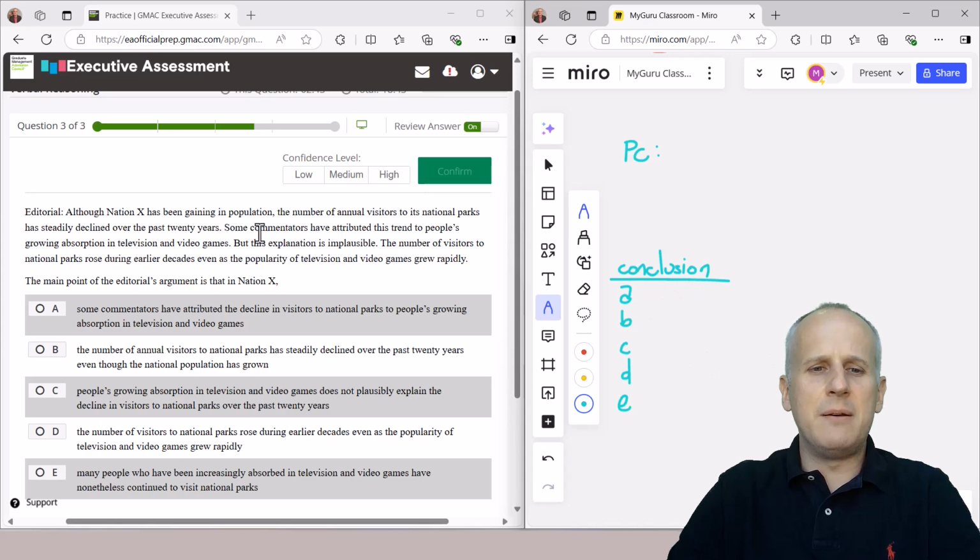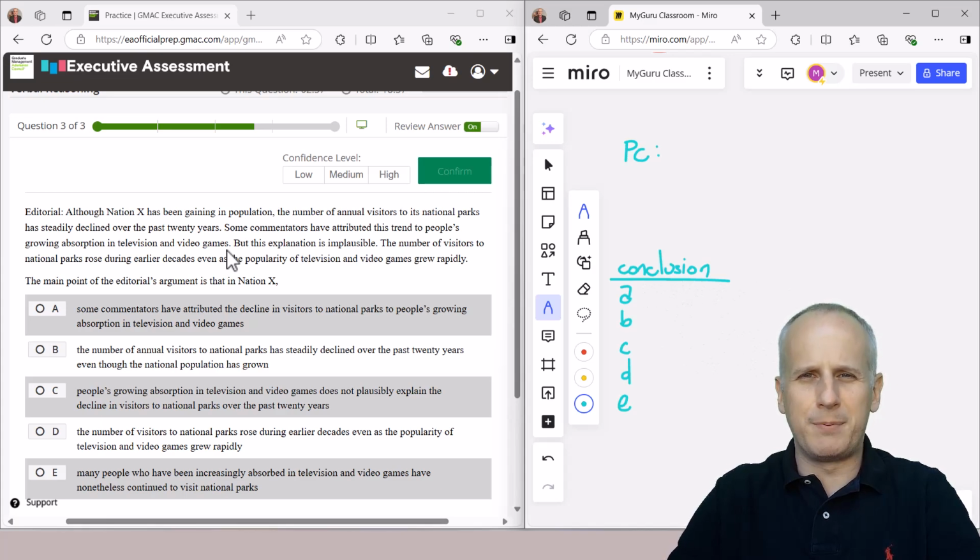Then we've got, some commentators have attributed this trend to people's growing absorption in television and video games. Now, if I told you that Bill thinks it's going to rain, that's not my position. That's not my conclusion. That's me simply reporting Bill's position that Bill thinks it's going to rain.